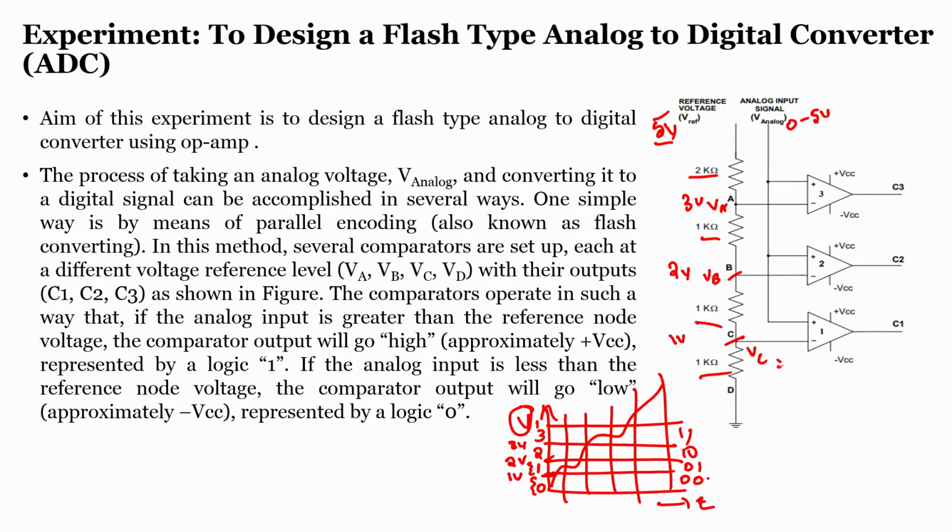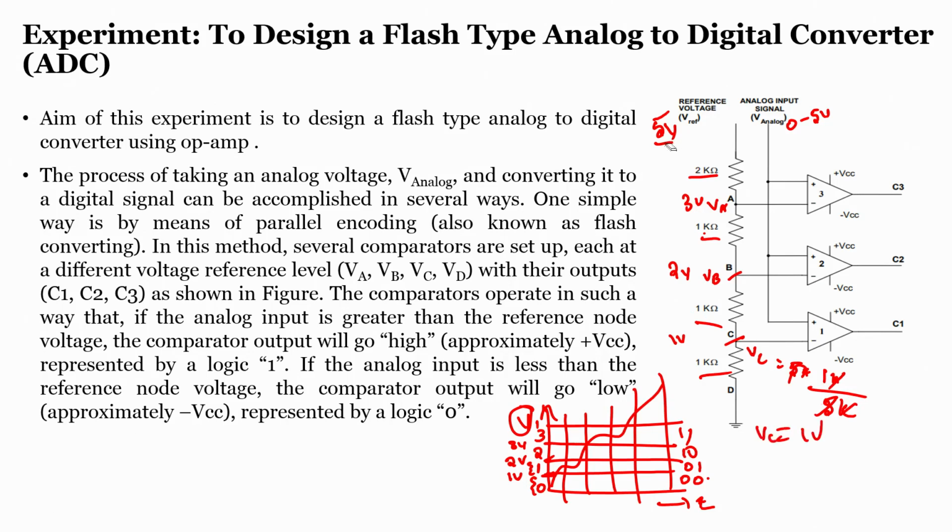VC is nothing but the reference voltage into the resistance, that is 1 kilo, divided by the sum of resistances: 2 plus 1, 3, 4 and 5. So 5k, k and k cancel, 5 cancels. So VC is nothing but 1 volt.